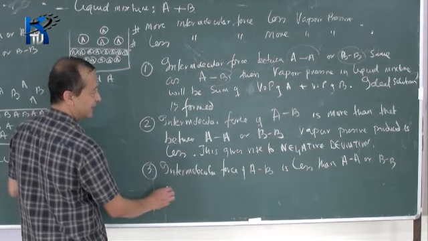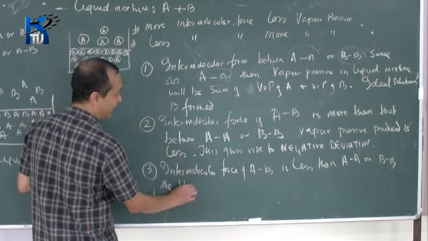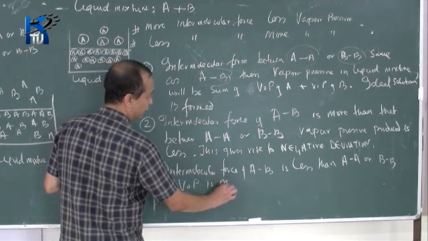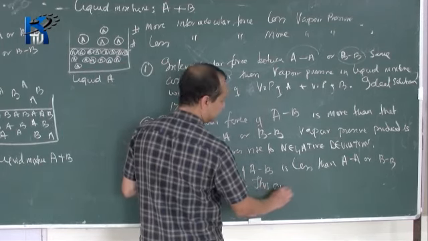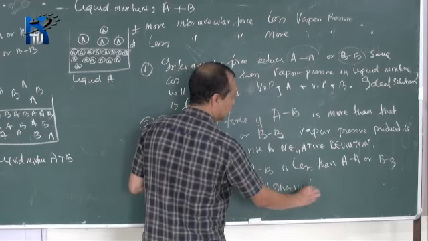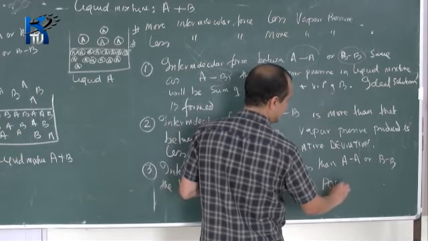Therefore, what does it mean? The vapor pressure is more. So this gives rise to positive deviation.